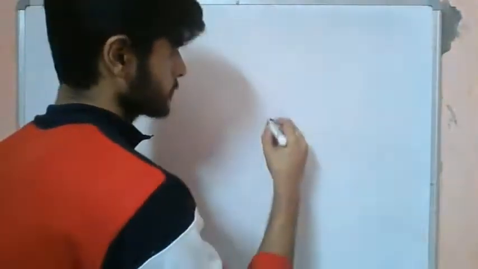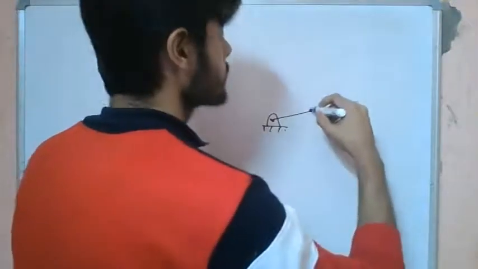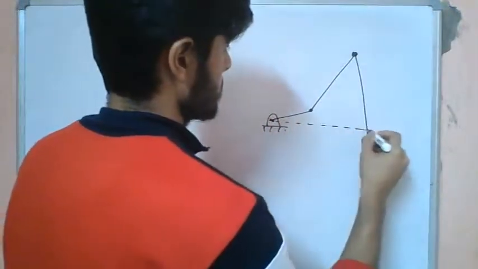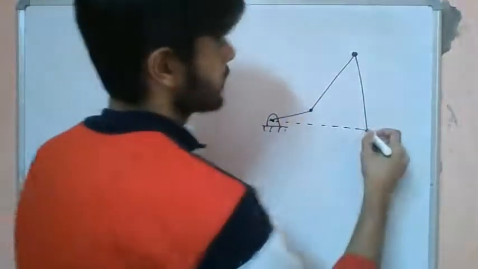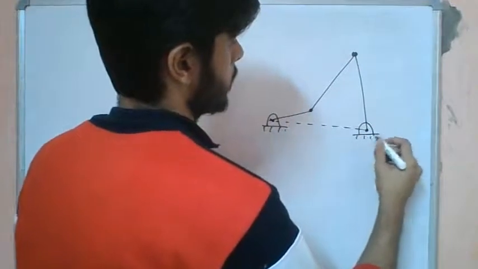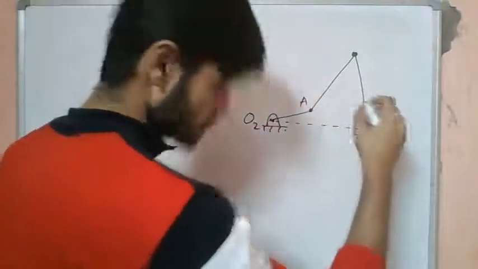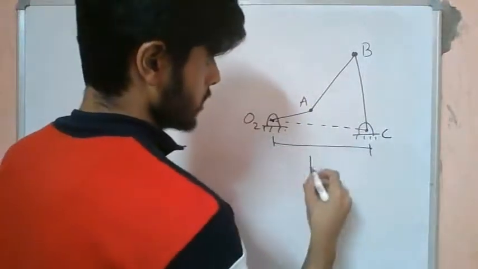So we will try to solve a problem based on the concept of mechanical advantage. Let's consider a 4-bar mechanism like this. So this is a 4-bar mechanism, O2, A, B, C. This link length is 120 mm.